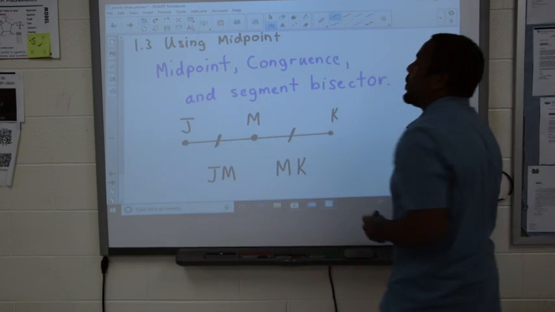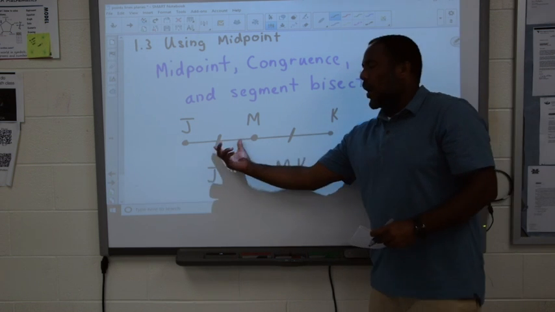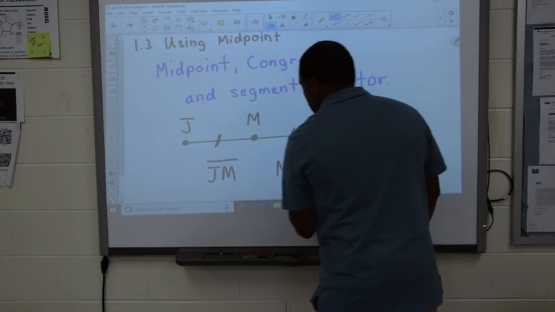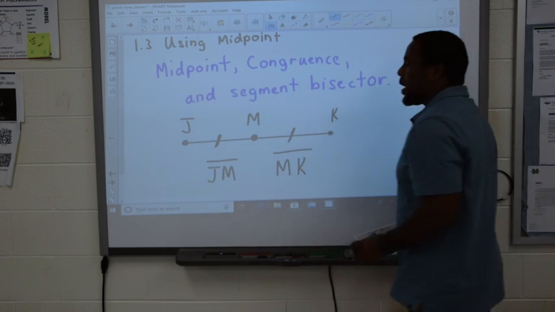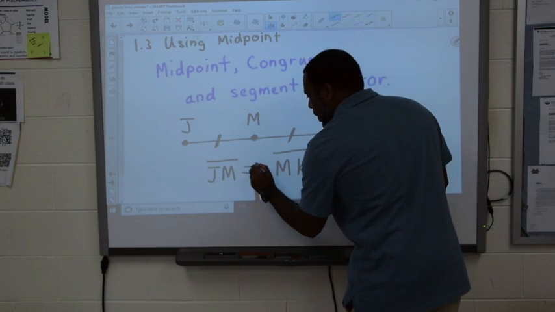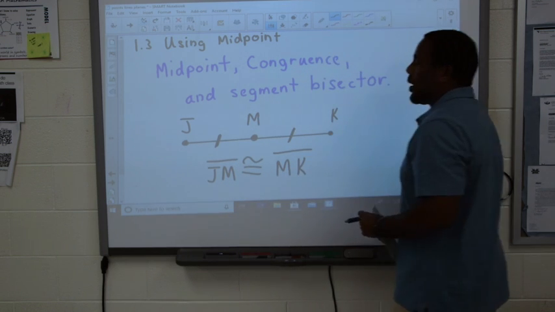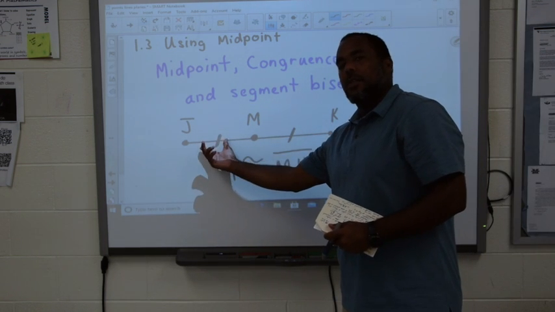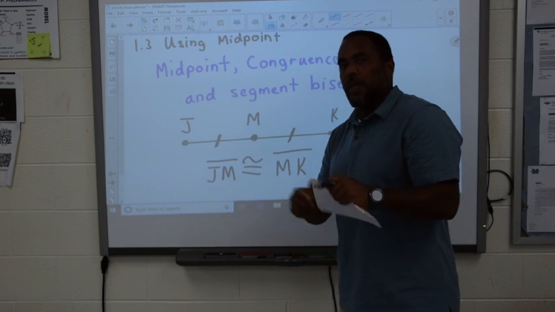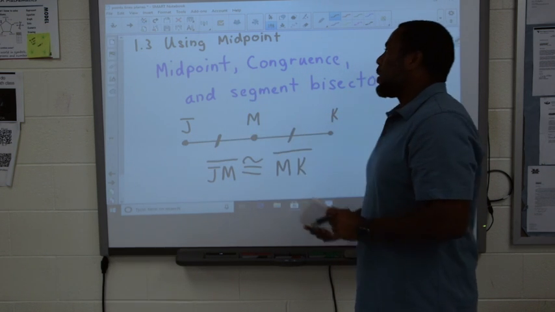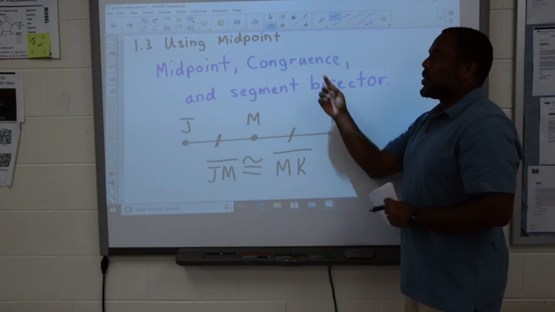Now I said equal, but here I marked the points, not the numbers. And since we're using bars to represent the segments, they are equal, but what we like to call them when we're talking about pieces, physical distances, a physical piece like this piece of paper and this piece of paper, we're looking at what we like to call congruence.